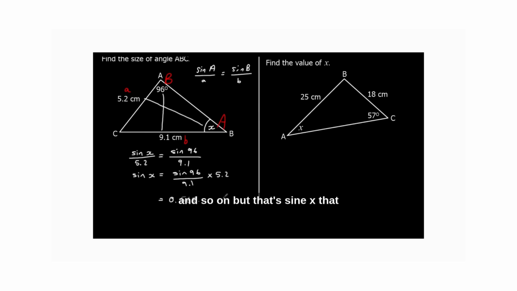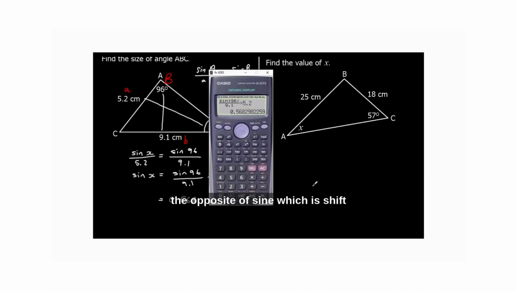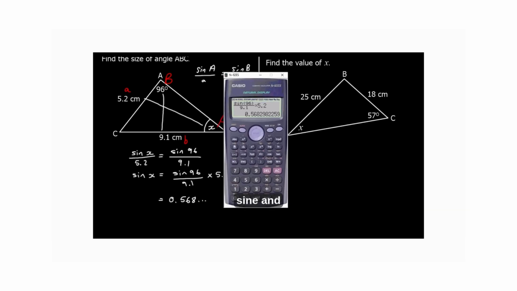But that's sine x, that isn't x. So how do we find x? How do we get sine away from x? We do the opposite of sine, which is shift sine, the inverse of sine. And then we do our answer in there, shift sine answer. And we get our angle.